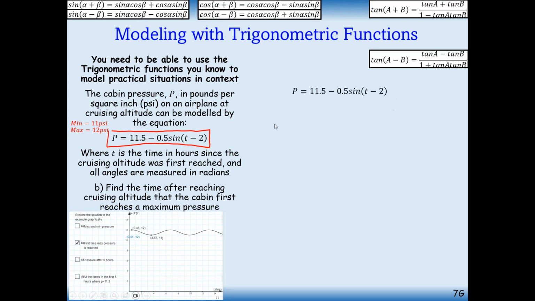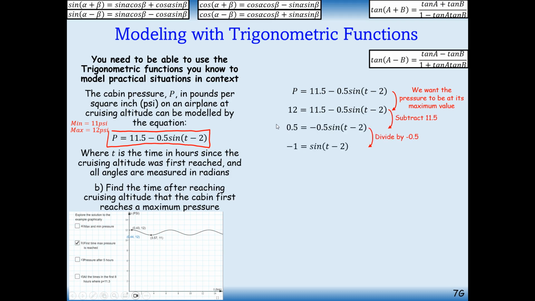So let's do that. 12 take away 11.5 will leave us a half on the left hand side. Then we divide half by a negative half and we'll have a minus 1. Take sine inverse of minus 1, we will have a negative pi over 2.